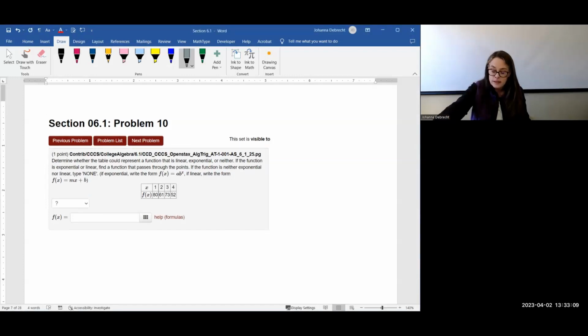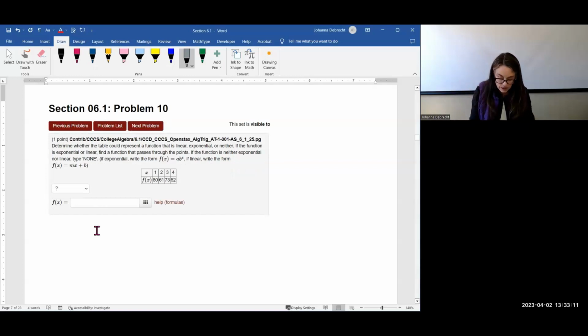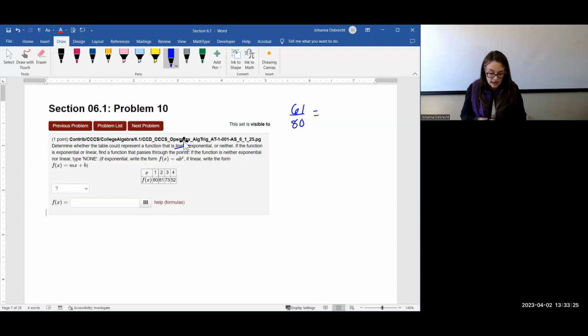So when we're looking at this, the first thing I want to do, since I know that it's not linear, I want to check for exponential. So I take the one after, which is 61, and I divide by 80, and I see what my common ratio is. And this is going to give me an exponential multiplicative factor if it's exponential.